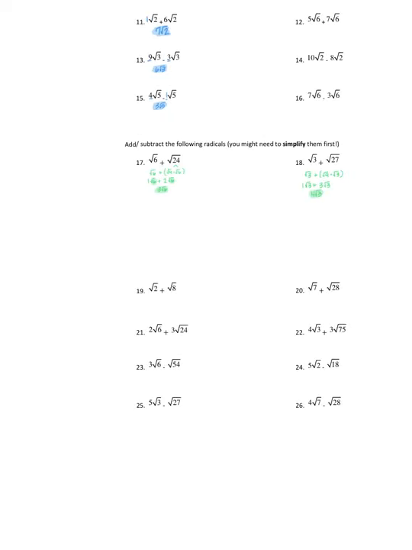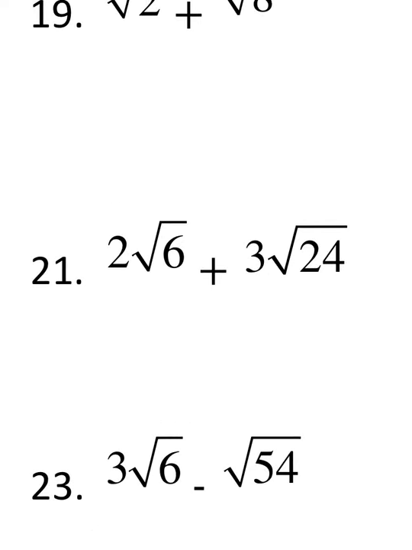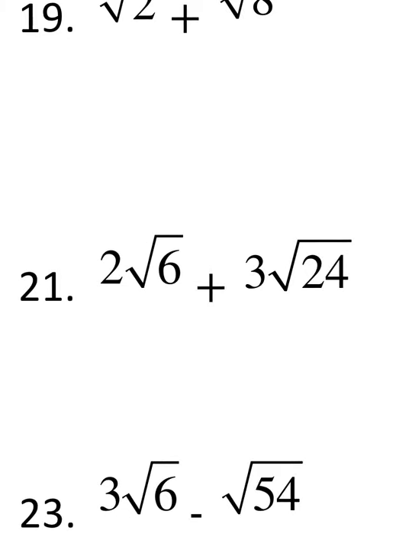Okay, so let's try one more that has some numbers on the outside already. Let's look at number 21. I have 2 radical 6 plus 3 radical 24. Well, I know that 2 radical 6 can't be broken down because radical 6 is not a perfect square, and there are no perfect squares that I can take out of radical 6.